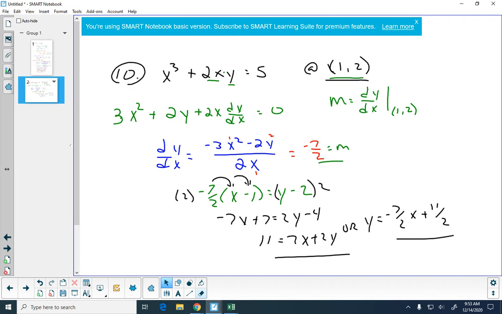So we will have a review day, and then Friday we will do the quiz over implicit differentiation and dealing with the chain rule and implicit differentiation. There's a review sheet in there that will involve what we've been talking about. And then we'll take the quiz on Friday.